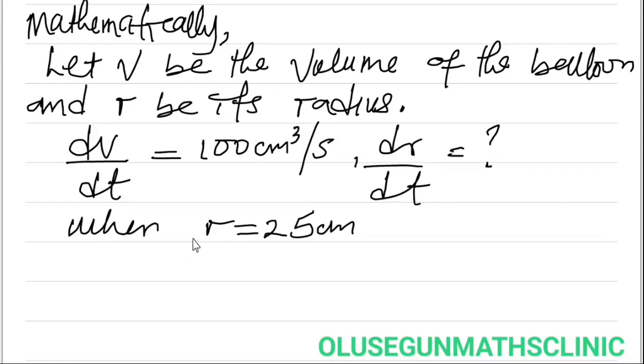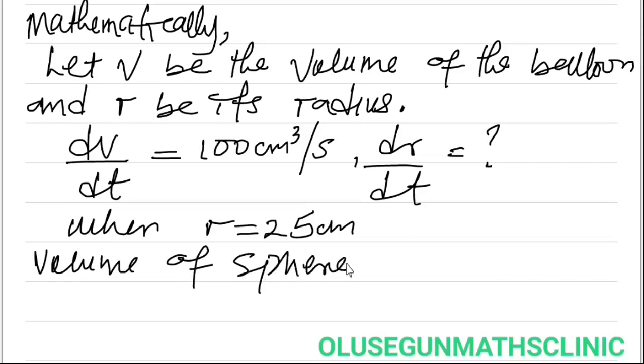Remember, the volume of a sphere, V, is 4/3 pi r cube. Why? Because a balloon has the shape of a sphere. So the volume of a sphere is 4/3 pi r cube.